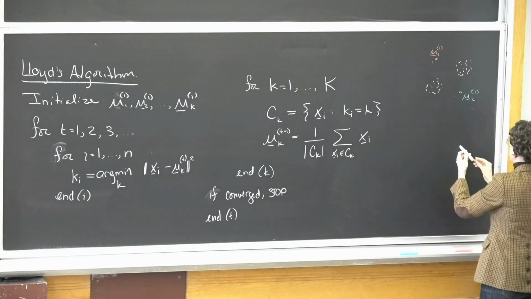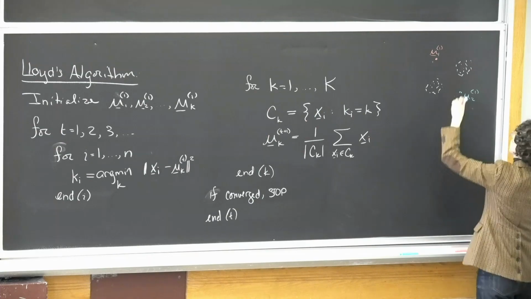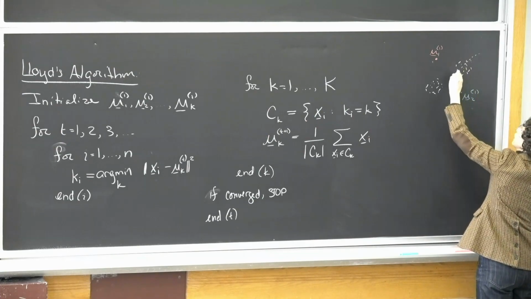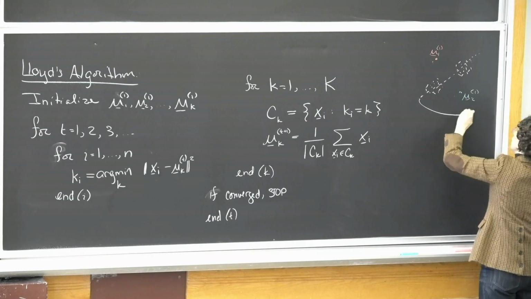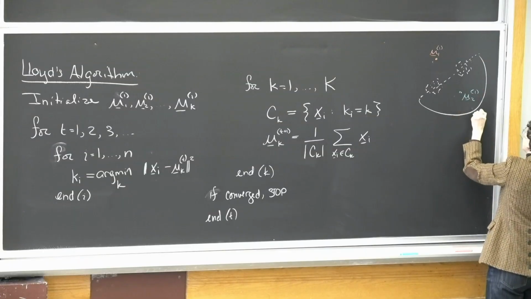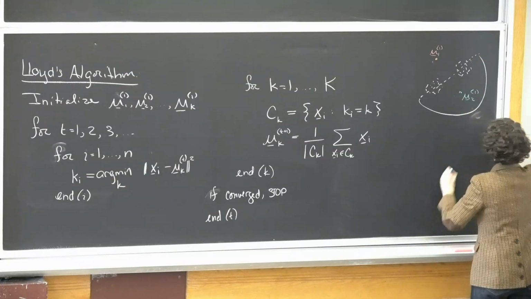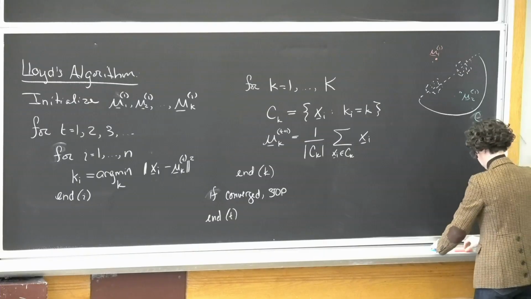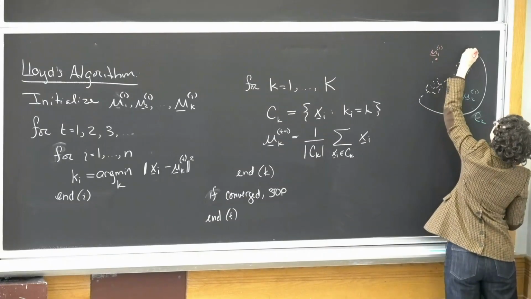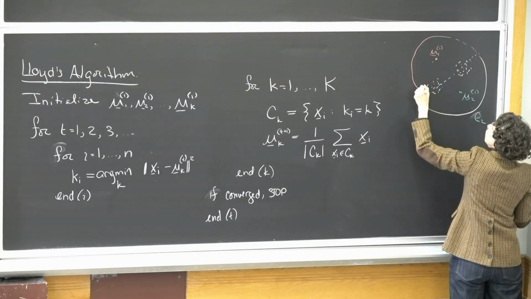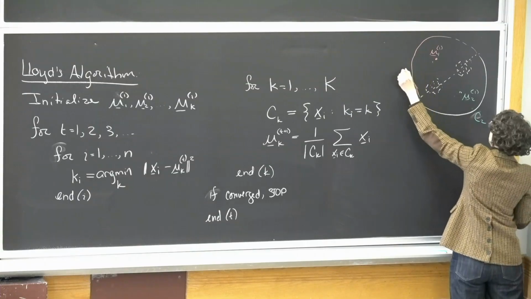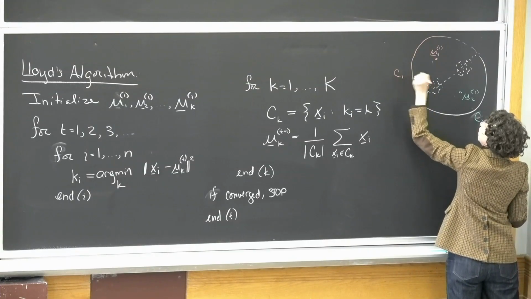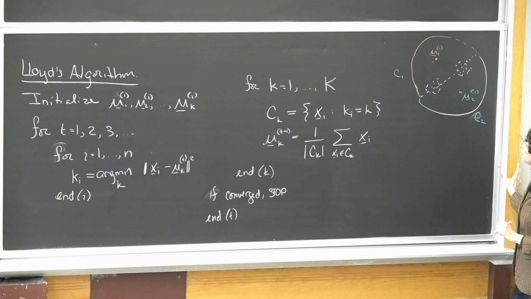And so we are going to basically divvy up our points here. It'll look something like this. And so then this becomes our new estimate of cluster 2 for that first iteration. And this would become our estimate. All the points in this sort of hemisphere would be our estimate of cluster 1.